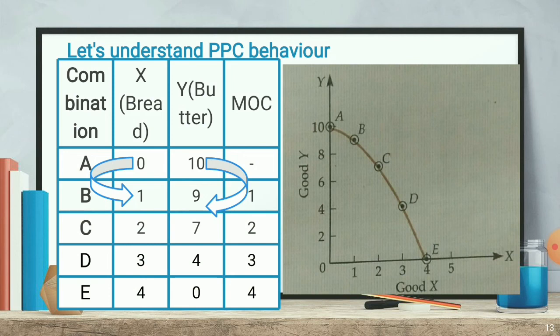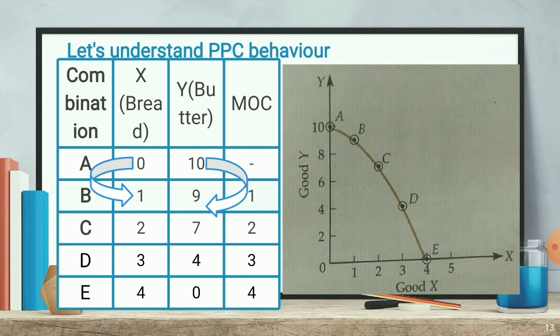So the difference between 10 and 9 is 1. This is called loss. And the difference between 0 and 1 is also 1. This is called gain. So if we write loss upon gain, it will be 1 divided by 1, so the answer will be 1. That is why in the MOC column it is 1.